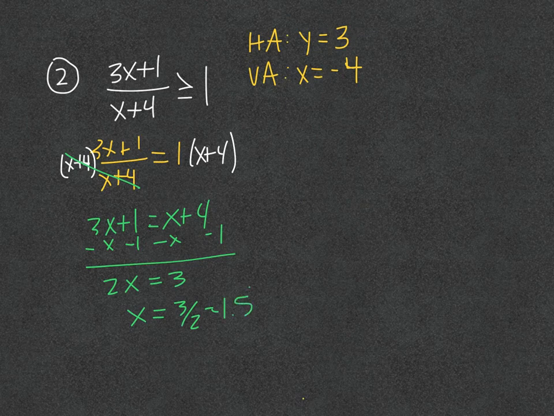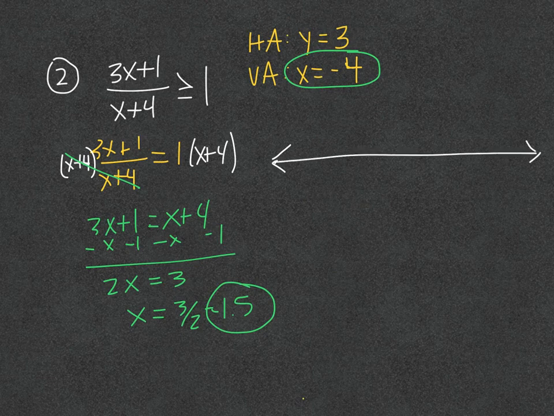So I know my key numbers are going to be these. Mr. Yosef said to go ahead and make a number line. You can do that if you want to, but you don't have to. I know that negative 4 is going to be a key number, and 1.5 is going to be a key number.